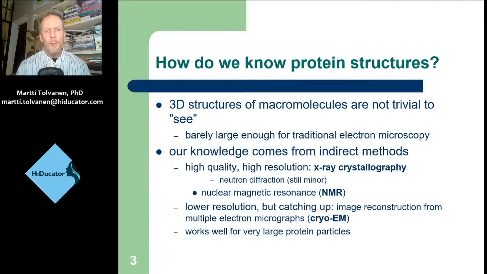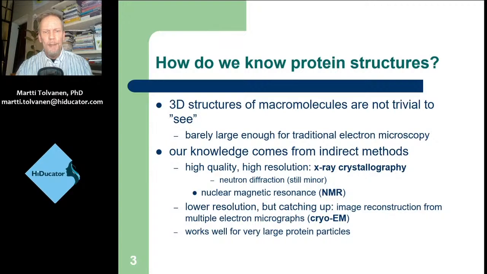In electron microscopy they would be mostly seen as blobs, and with some very special methods like atomic force microscopy we might get some idea of the shape of a surface of a protein. So what we know about protein structures comes from very indirect complex physical methods.